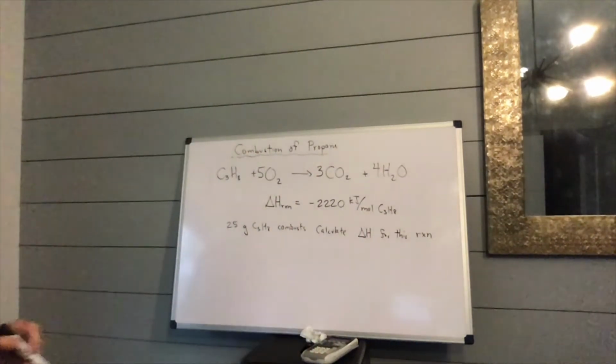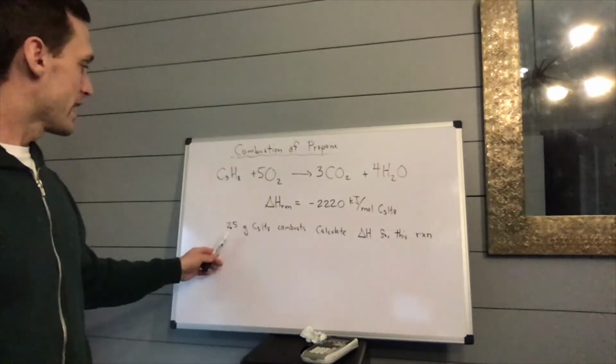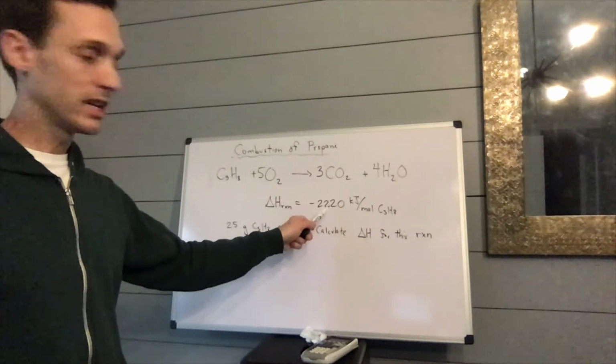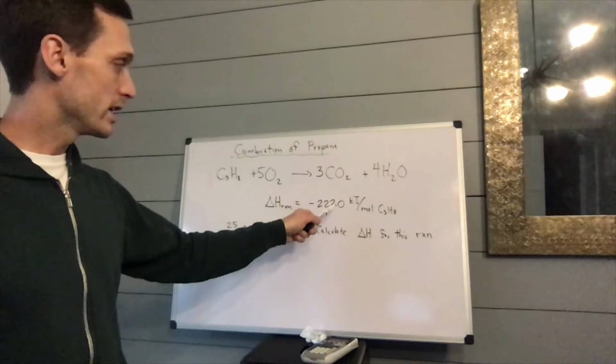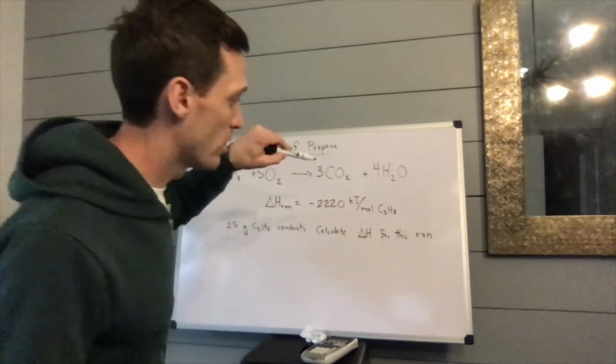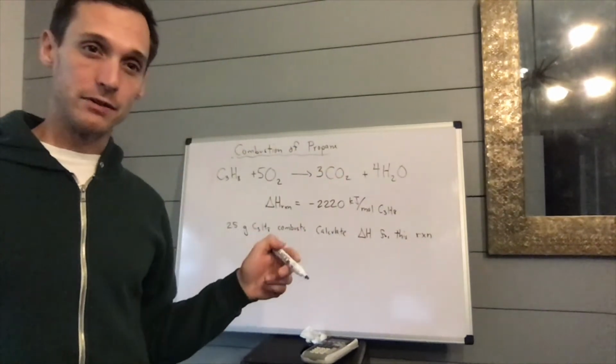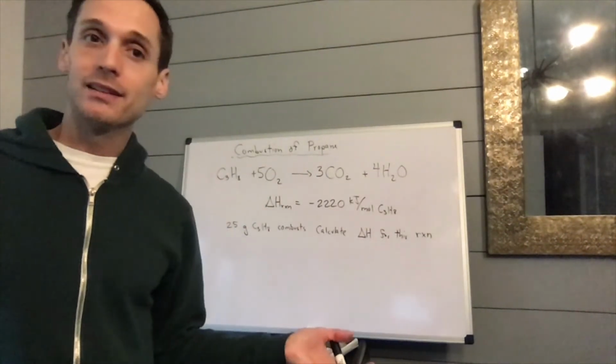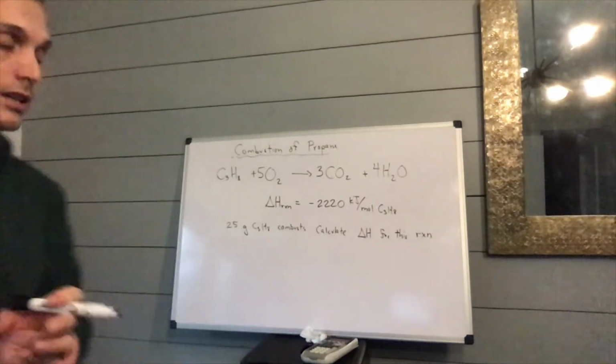Okay? So we have 25 grams combusting. Remember what this number means, okay? It's 2220 kilojoules for every 1 mole of propane that reacts. Well, we have 25 grams. We don't know if we have exactly 1 mole, so we have to figure that out.